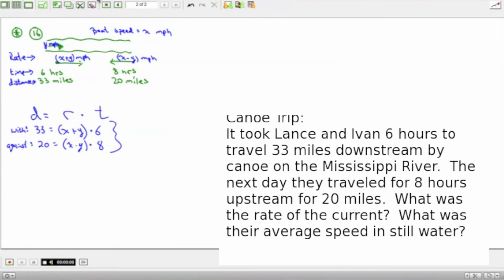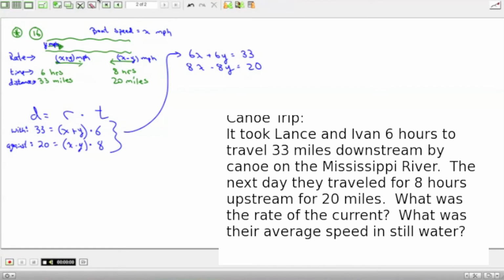So if I distribute, I'm going to turn it around to have it the normal way. 6x plus 6y is equal to 33. And 8x minus 8y is equal to 20. And once you get the setup, the rest of it is actually kind of nice.